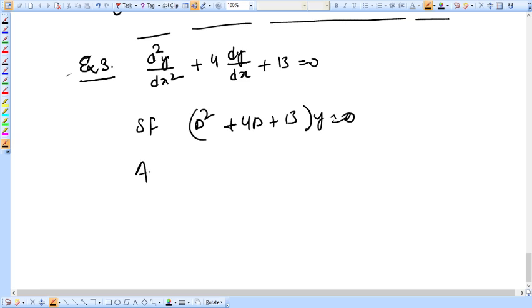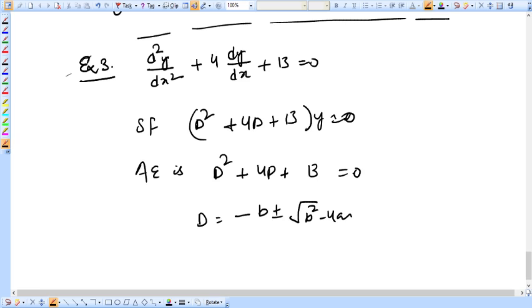Therefore the auxiliary equation is d square plus 4d plus 13 equal to 0. Now roots can be found by using the formula minus b plus minus root of b square minus 4ac, divided by 2a, right?